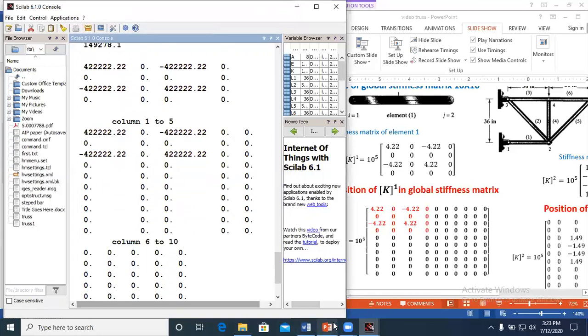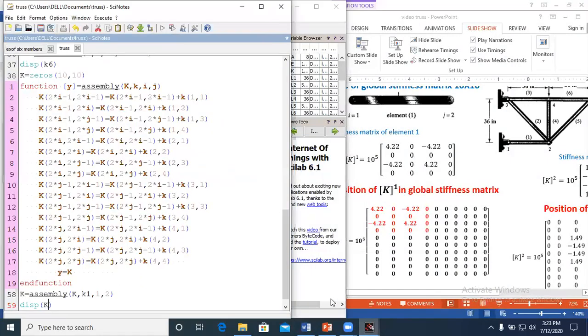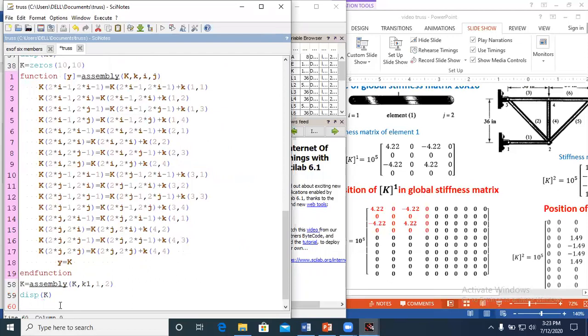Now same thing you have to do for second stiffness matrix, that is stiffness matrix of the second element. Again, now modified k, that means in this k we are adding this matrix, we are not going back to this k because we have used the same name.